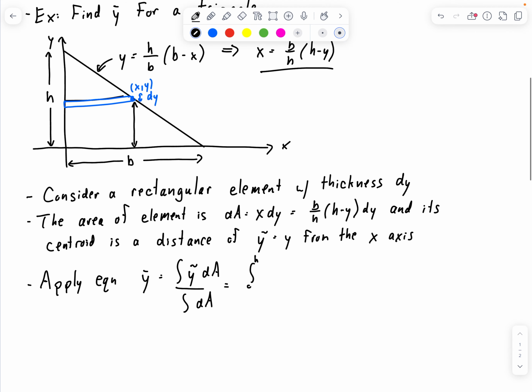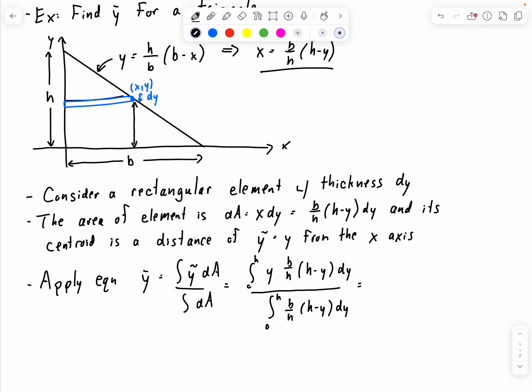We know already, we found that y tilde is equal to y, and we also derived this expression for dA, which we found is b over h times h minus y times dy. And then in the denominator, we again have our integral from 0 to h of that same expression for dA, b over h times h minus y dy.